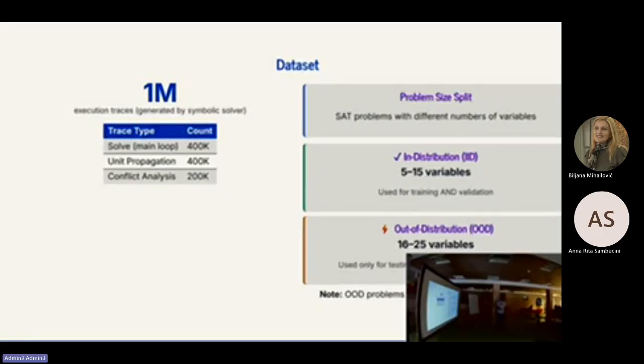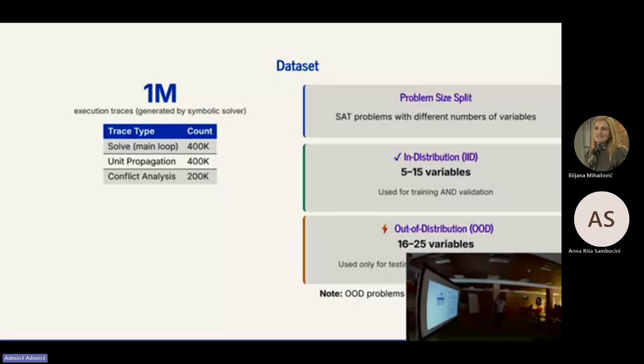So now I would like to talk about the data sets. We synthetically generate 1 million execution traces. And we instrument the CDCL solver to capture our execution steps.